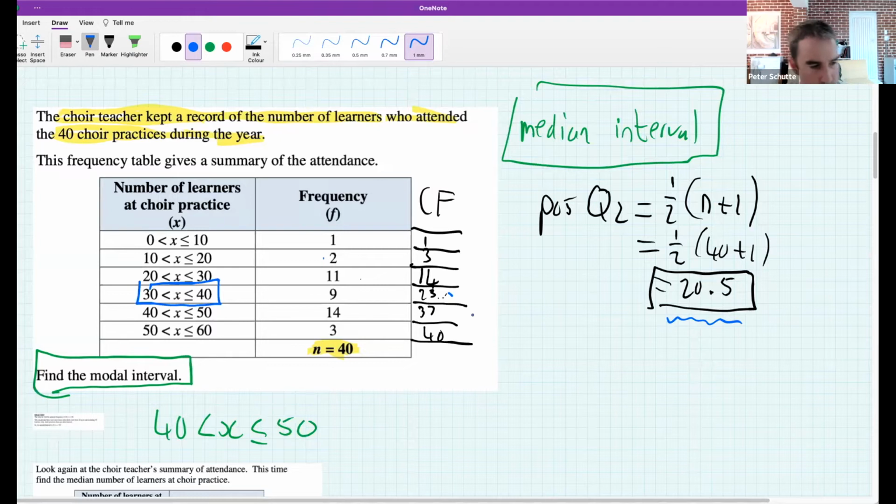Okay. Are there any questions or comments, guys? Because I know it's which way do you prefer to do it? Do you prefer to just count the frequency and see when you get to the number? Or do you prefer to have a cumulative frequency column to help you? I'd be interested to know in the chat which one you prefer.